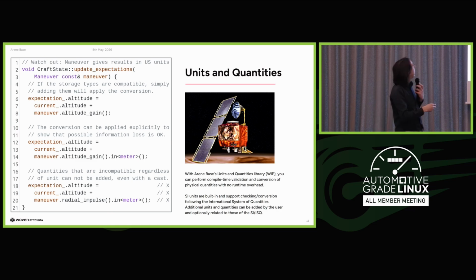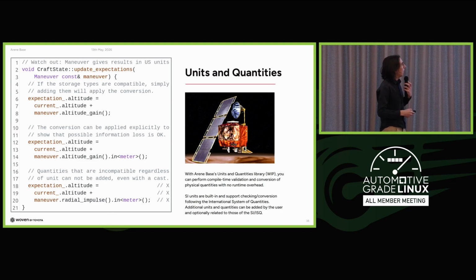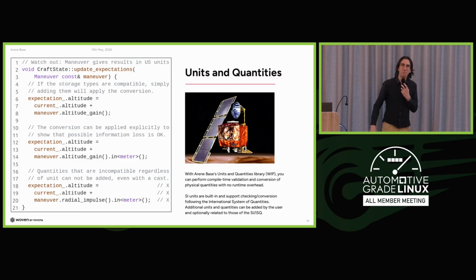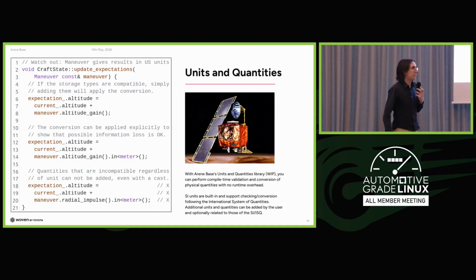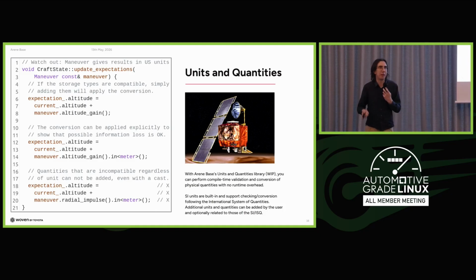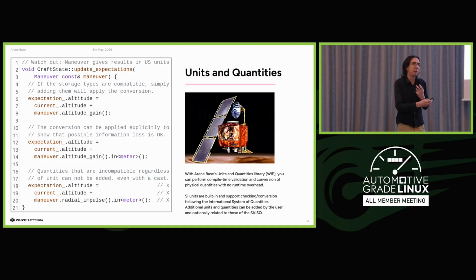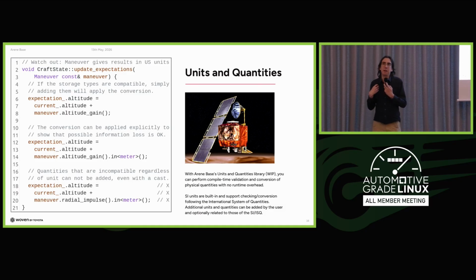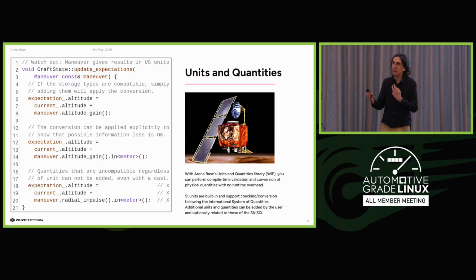So in this example here, we have a spacecraft. You might know that this is a real thing that happened, a real source of a bug that happened at Mars once. There's a spacecraft that keeps its current altitude in SI units, but there's a maneuver that someone has implemented in US units.